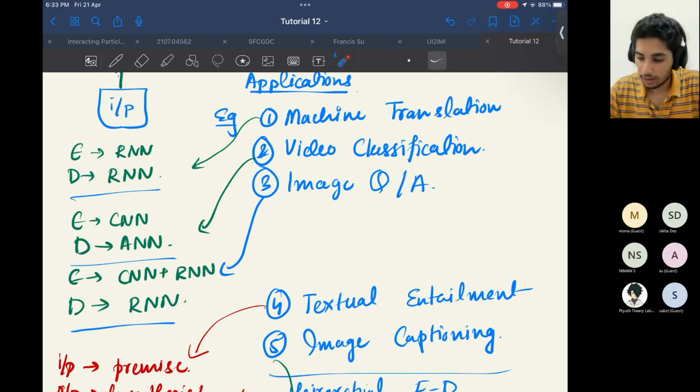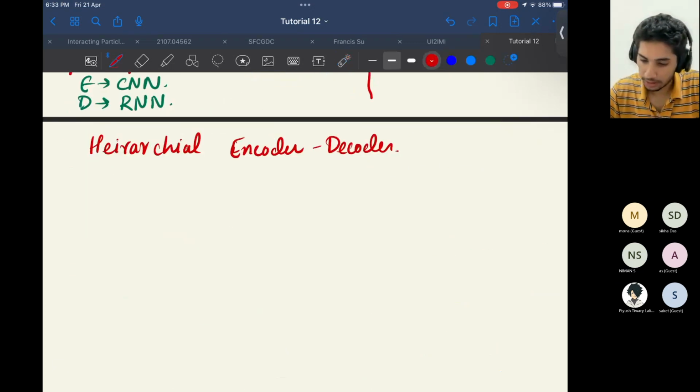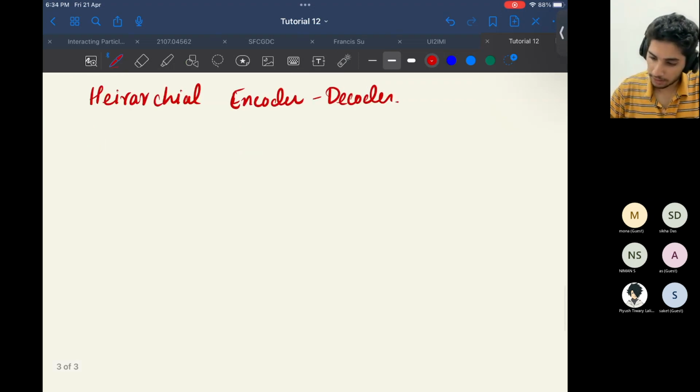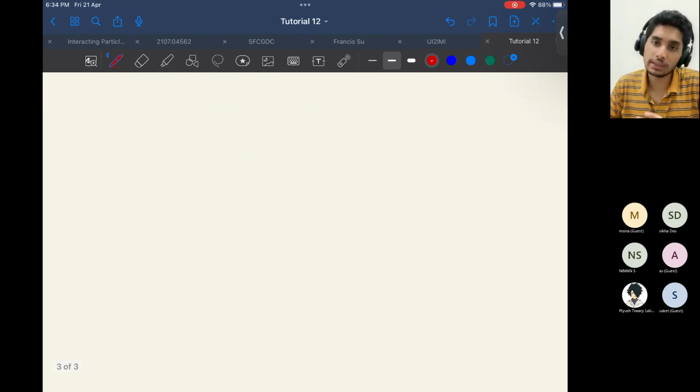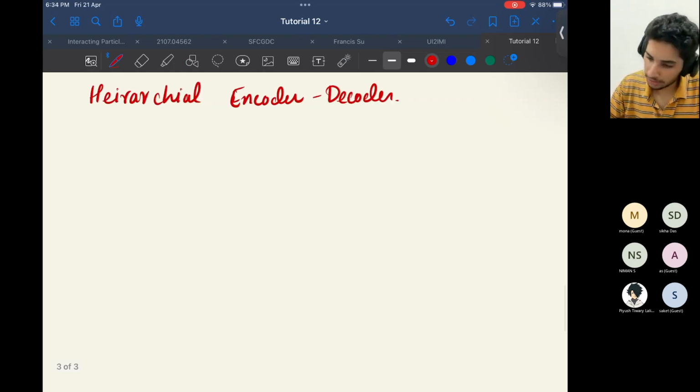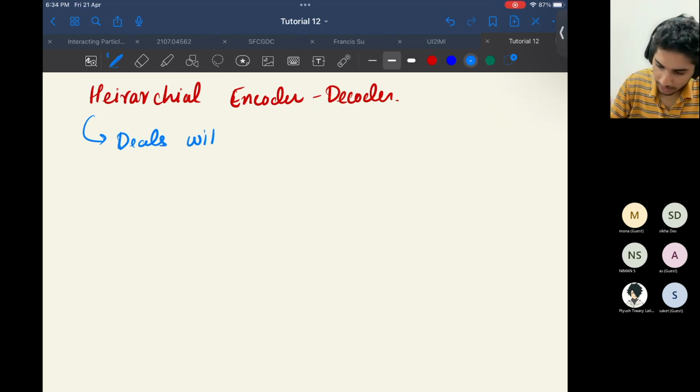All right, so I was discussing the hierarchical encoder decoder. Here the idea extends what the encoder decoder models are. Let's say you have a sequence of sequences. The basic problem this deals with is a sequence of sequences.